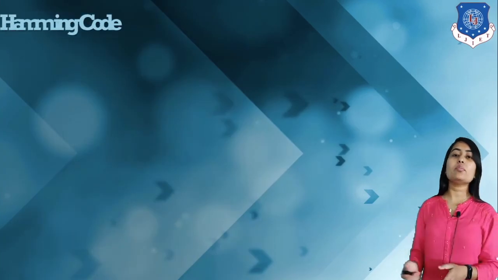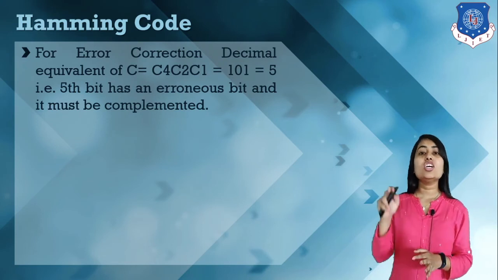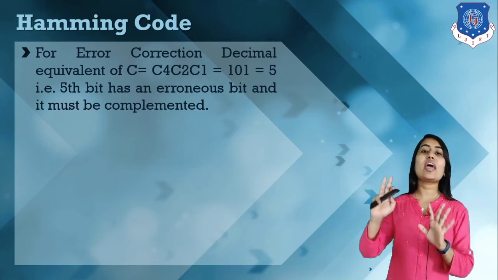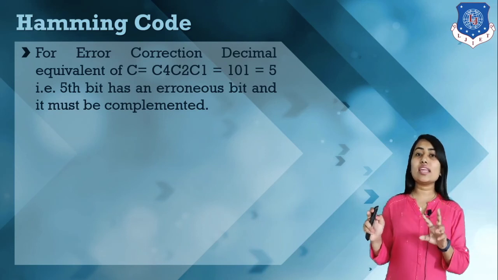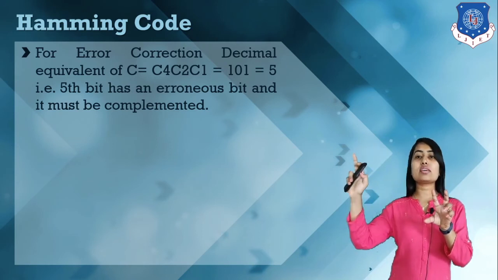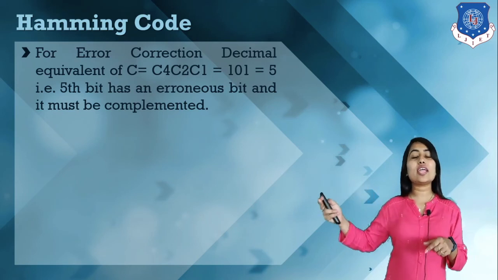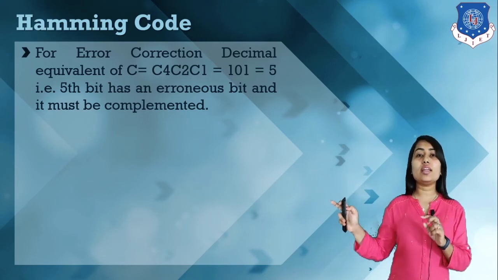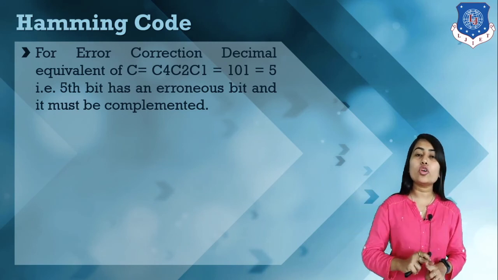C is written as C4, C2, C1, which is equivalent to 101. Now 101 means 4 plus 1, which is 5. So the decimal equivalent is 5, which means at the fifth location we have an error.